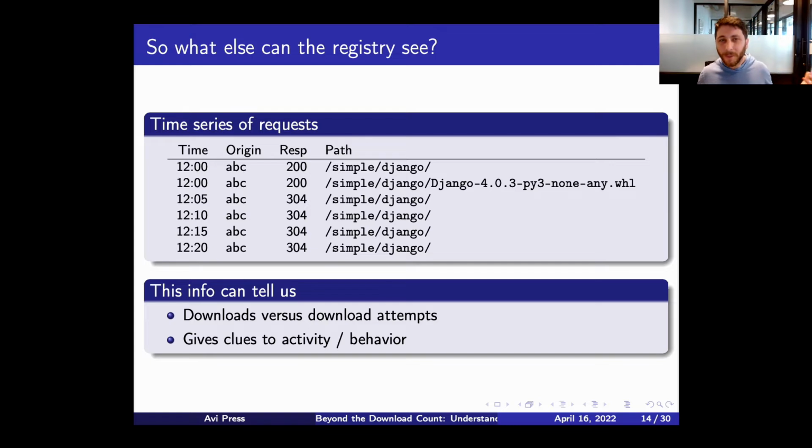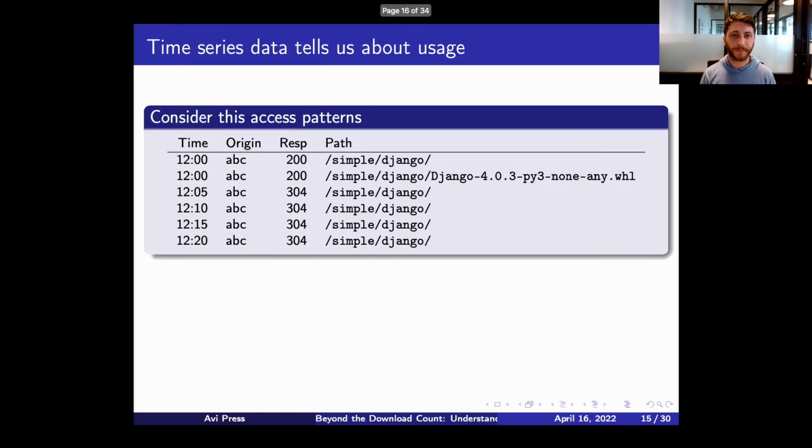But when we look at what else the registry can actually see, one thing that's really interesting is the time series of information when you also have this notion of uniqueness. Whether you're checking the registry versus downloading, what you're downloading, the frequency and spacing of these things can give a lot of clues into the behavior that you're trying to understand better.